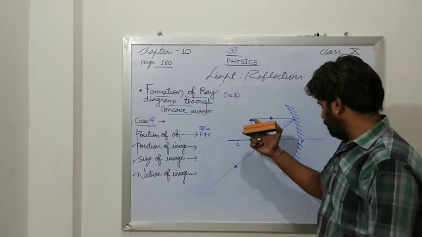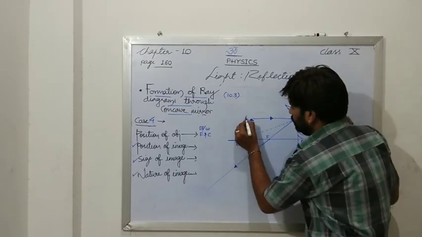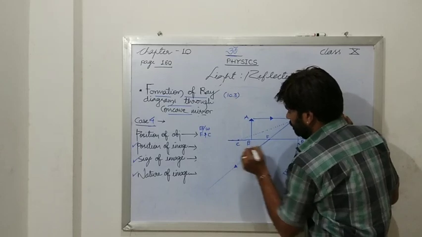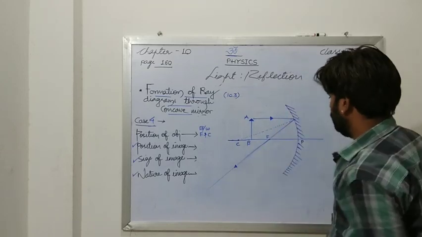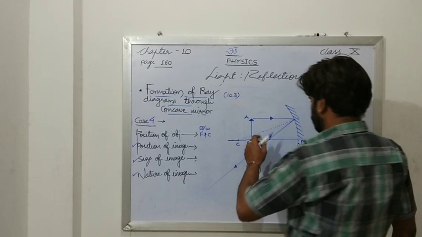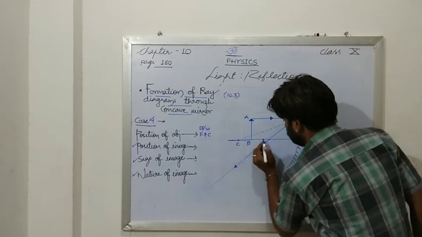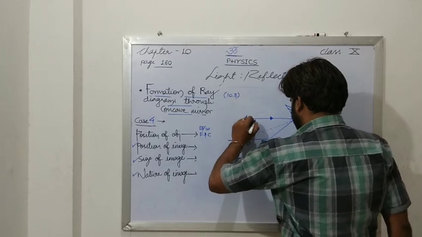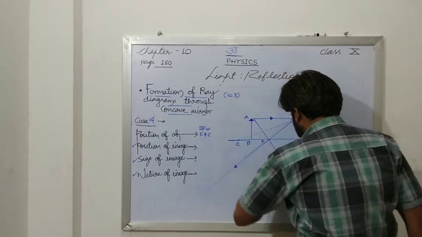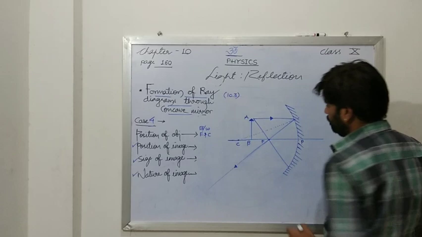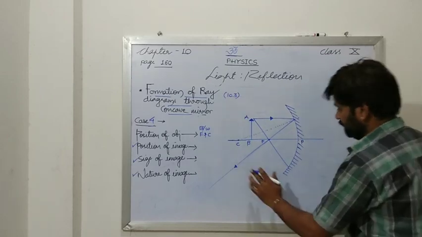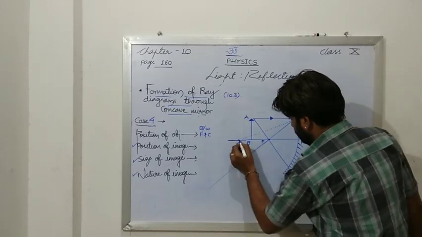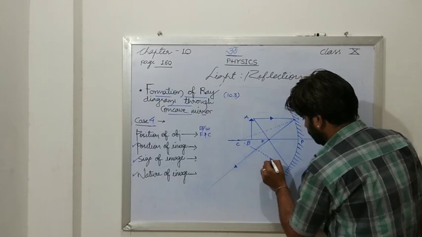Rule number 1 done. Now, actually, I forgot this, this is the name A and B. Now, rule number 2. Rule number 2 says when a light is passing through the focus, just after reflection, before that, let me draw the normal again.